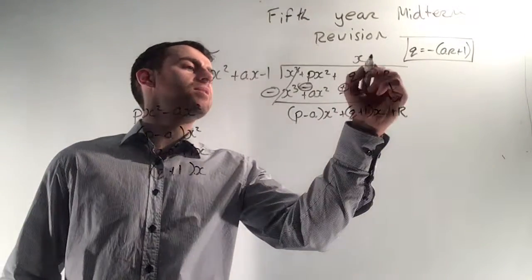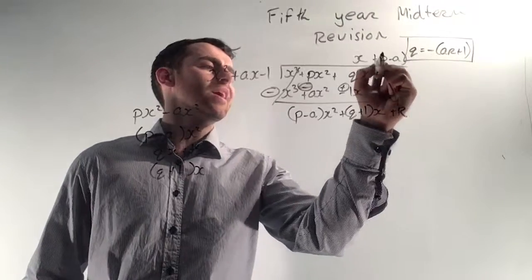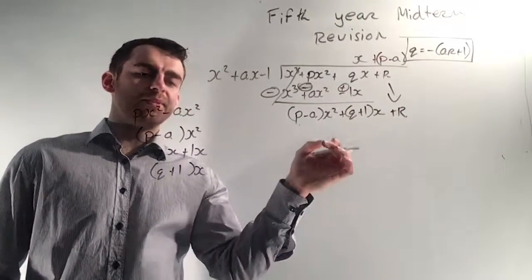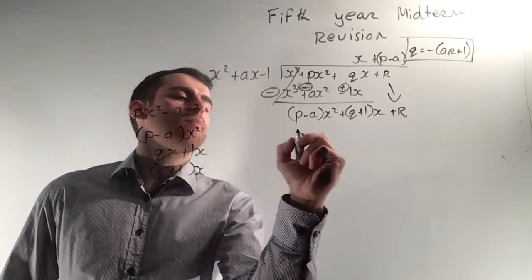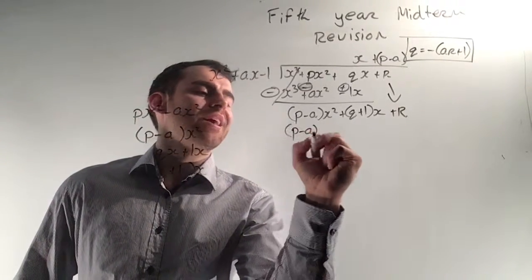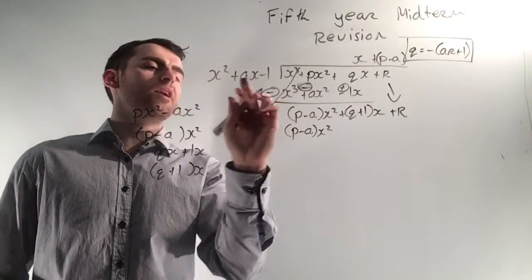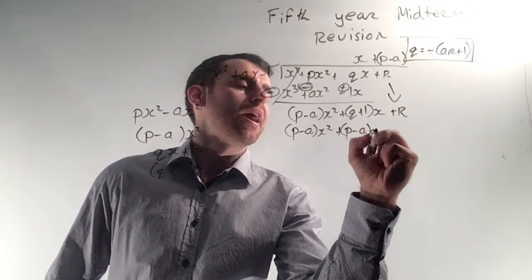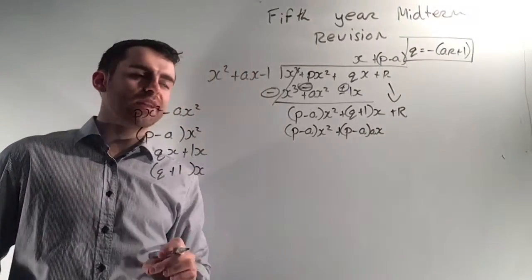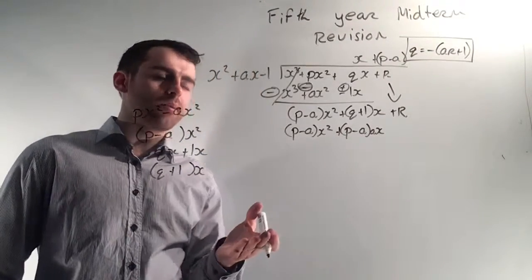X squared into this is going to give me p minus a. And then my second step is to multiply. So p minus a by these 3 terms. P minus a by x squared is p minus a times x squared. P minus a by ax, I'm just going to write that as p minus a times ax. I wouldn't bother simplifying it down because I know that I'm nearly at my remainder.